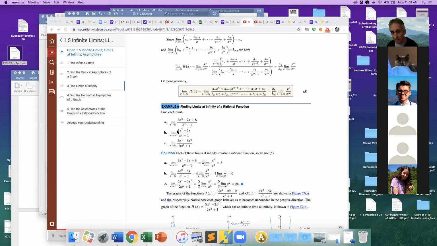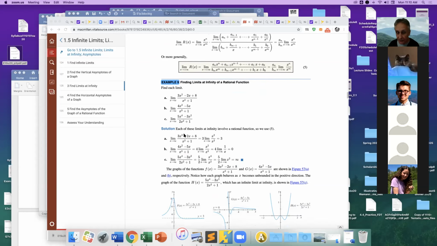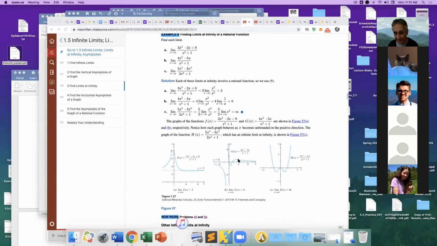So even if that was 1,000,000 x squared over 0.1 x to the 3rd, okay? Doesn't matter. This x to the 3rd wins, because when you factor it out, you've got x on the bottom, and as that goes to infinity, no matter what's up here, it's insignificant compared to where x is going. So the answer to this one, remember, there's an x left in the bottom, so it's going to 0 as x goes to infinity.